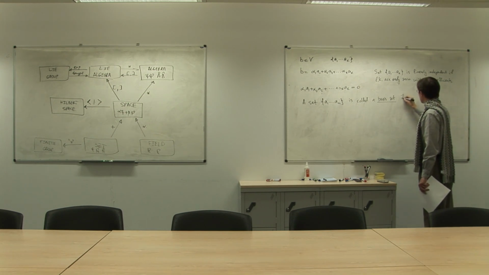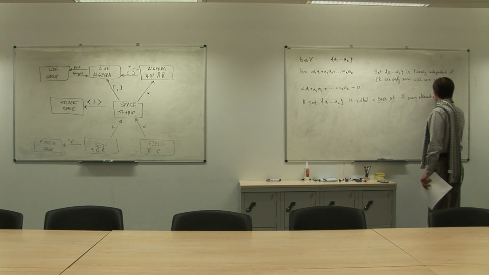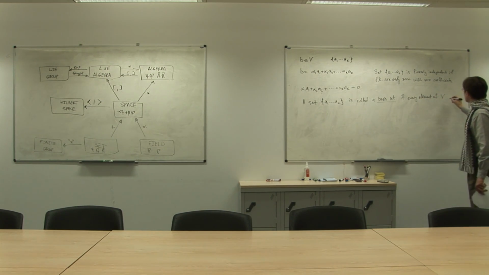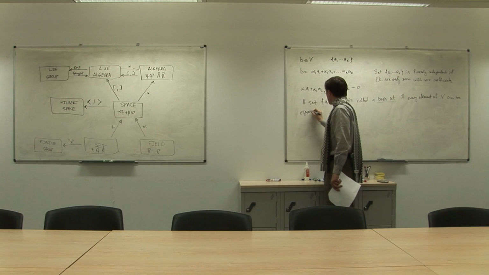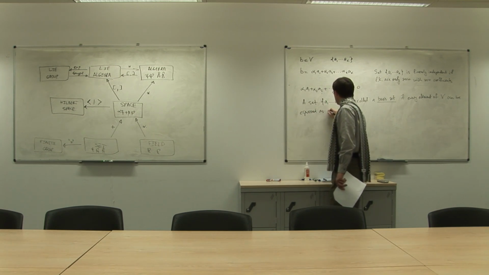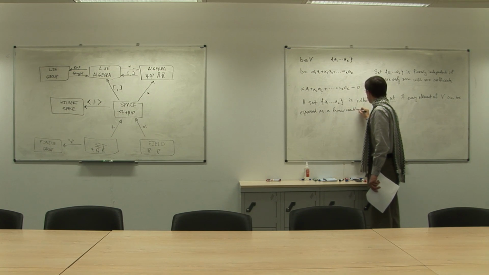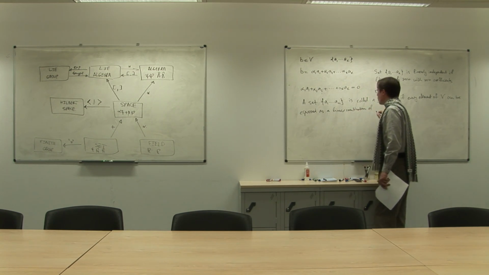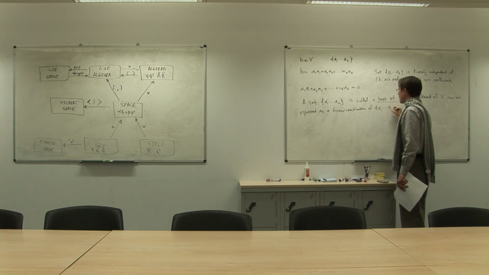So if every element of V can be expressed as a linear combination of the elements A1 to AN.